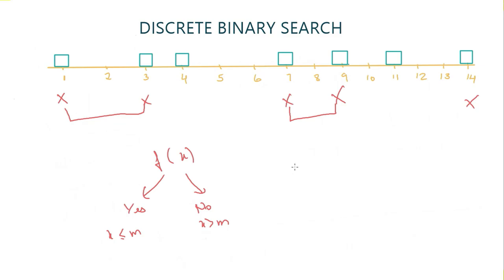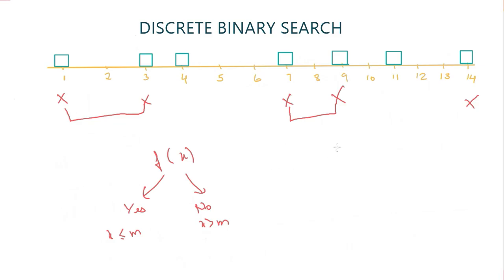That is, falses are followed by trues, or multiple trues are followed by multiple falses. So any discrete binary search problem can be solved using this method. Find a function, convert it to yes or no's, and prove it is monotonic. Once proven, we can apply binary search.